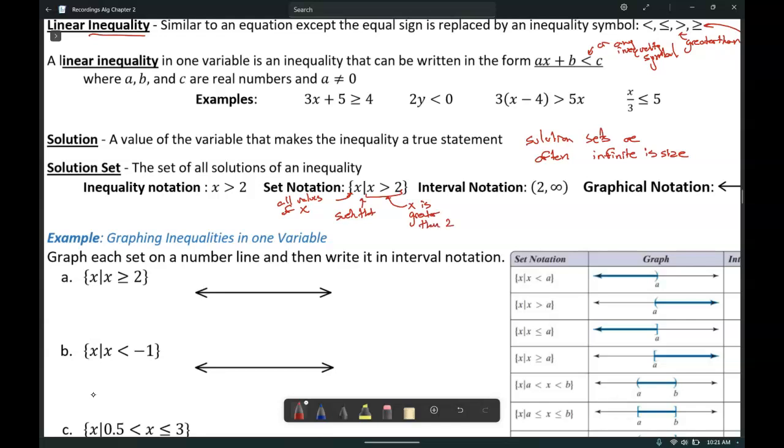Interval notation uses brackets or parentheses to indicate the range of values starting at 2 and going all the way to positive infinity, so increasing forever in the positive direction.